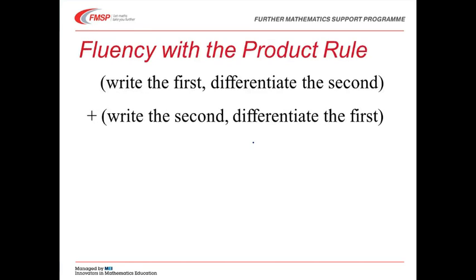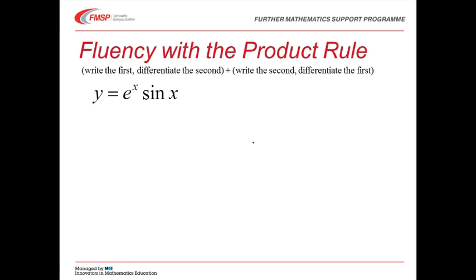Here's the product rule written informally. Write the first, differentiate the second, plus write the second, differentiate the first. As with the chain rule, we're aiming to be able to do this mentally. So here we go with our first example of a mental method.